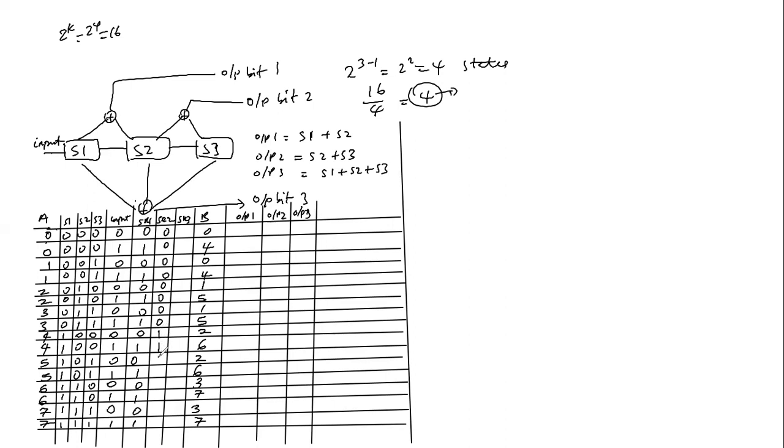And what was stored by shift register 2 originally now moves to shift register 3. And what was held by shift register 3 is dropped.